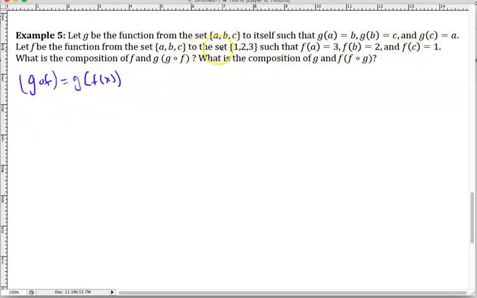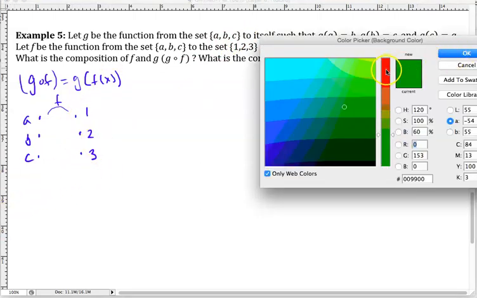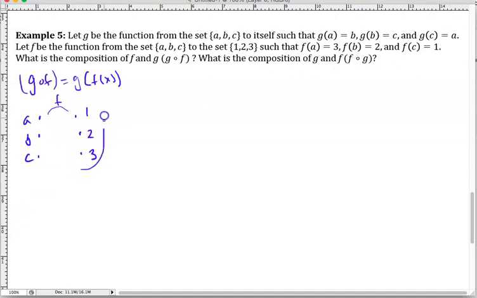So the f function goes from a, b, c onto 1, 2, 3. Okay, so this is for the f function. Now the g function goes from a, b, c into itself. Okay, so this is not possible. It's not possible to do this because the output of the f function is different than the input of the g function.